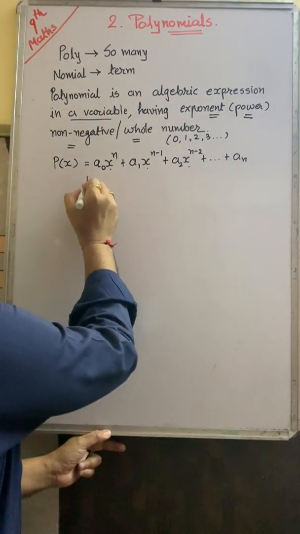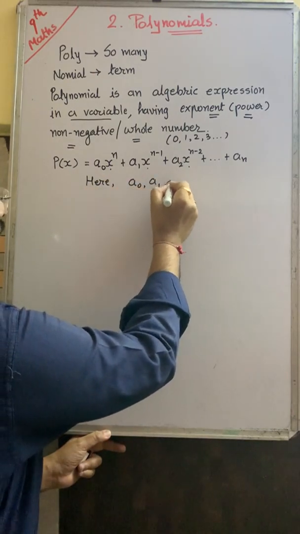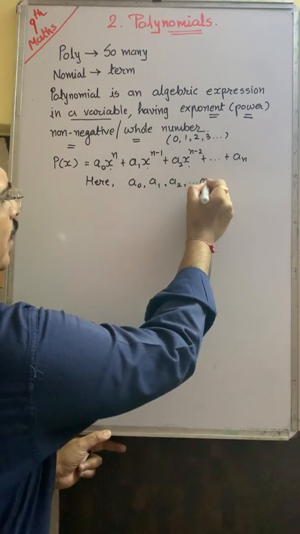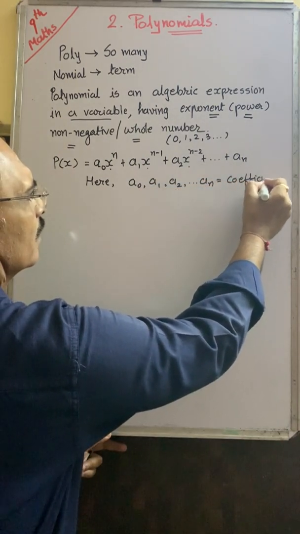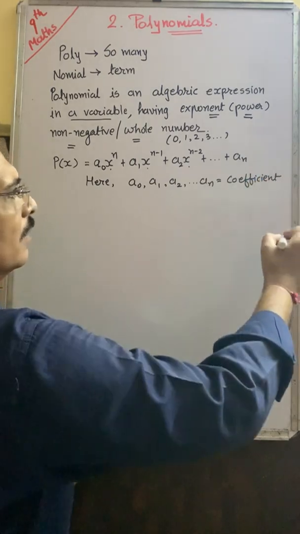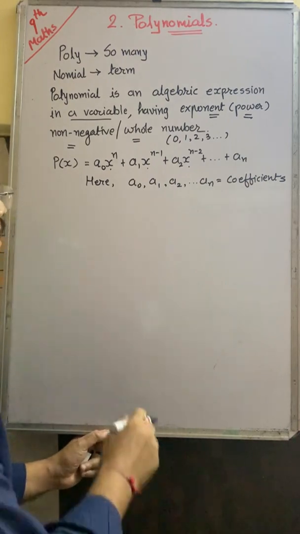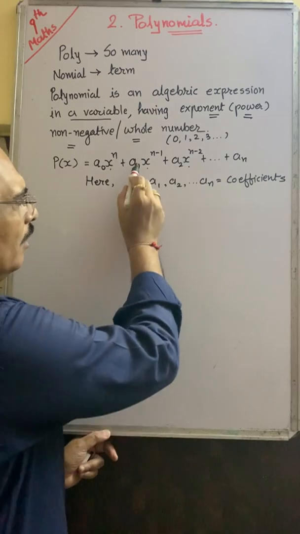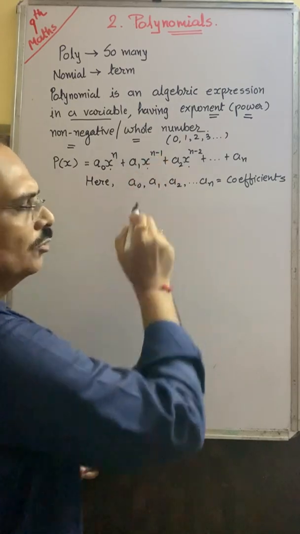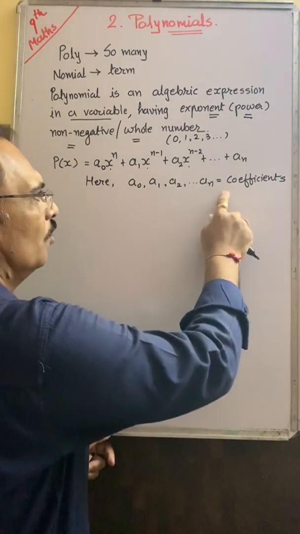So here a0, a1, a2 up to an are known as coefficients. They are called coefficients. Means a0 is multiplied with x raised to n power, a1 is multiplied with x raised to n minus 1 power, and so on. So they are known as coefficients.